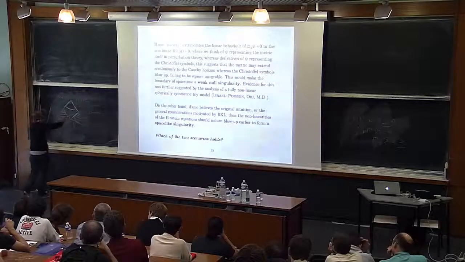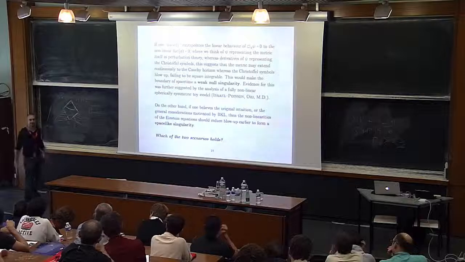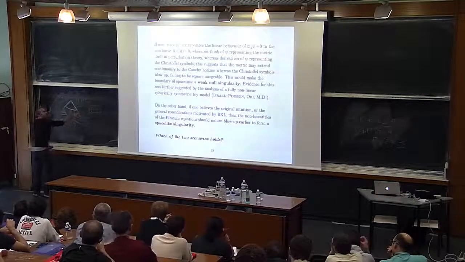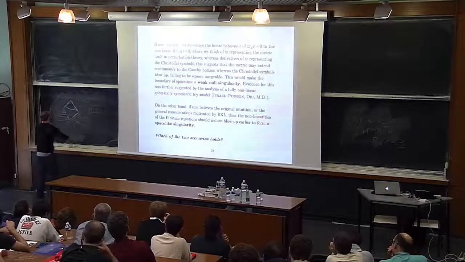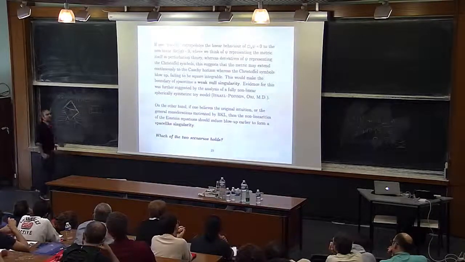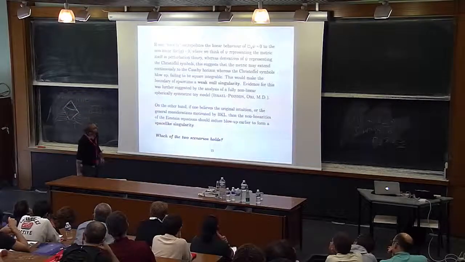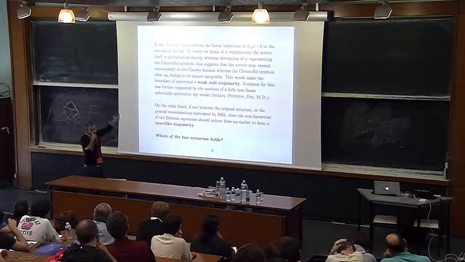The metric in L infinity is close to the Kerr metric, continuously extending to this boundary. But the Christoffel symbols are not square integrable. Such a null boundary of spacetime with this property, I'll call a weak null singularity. This is what you would get if you naively extrapolate linear behavior.